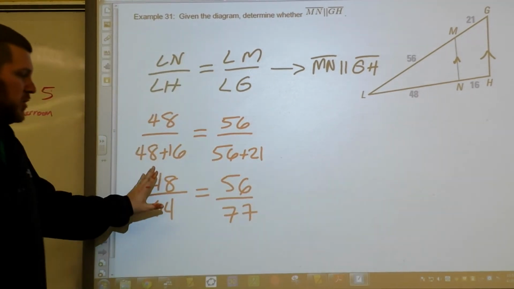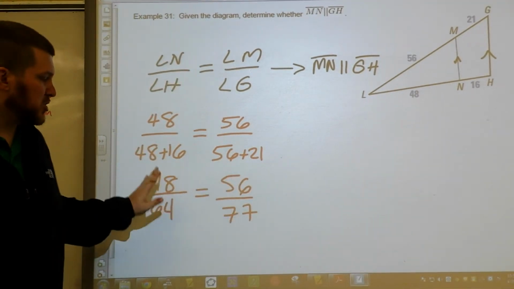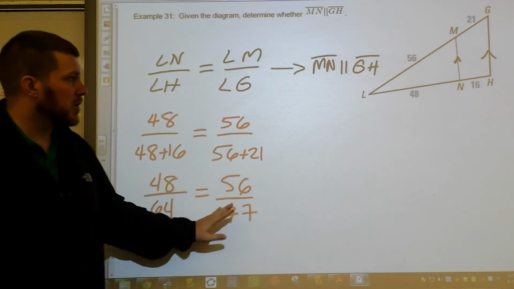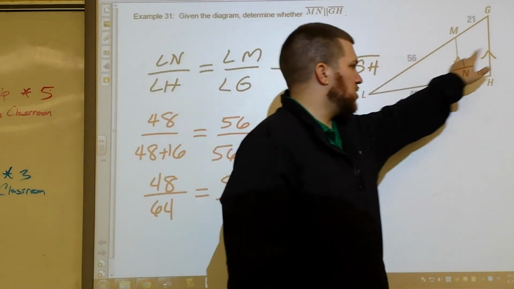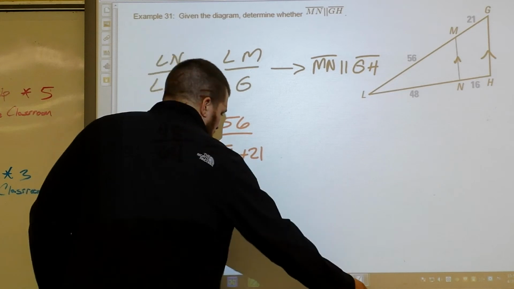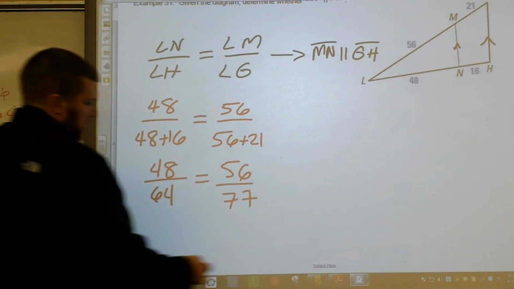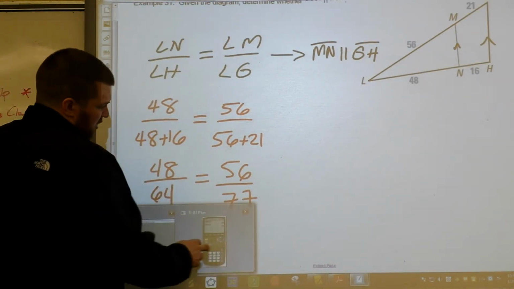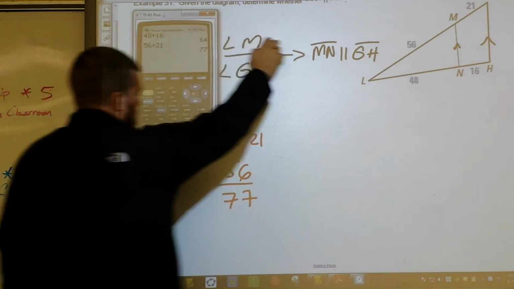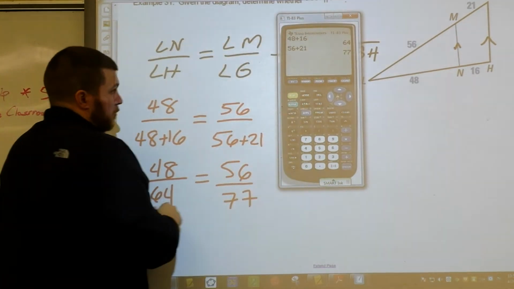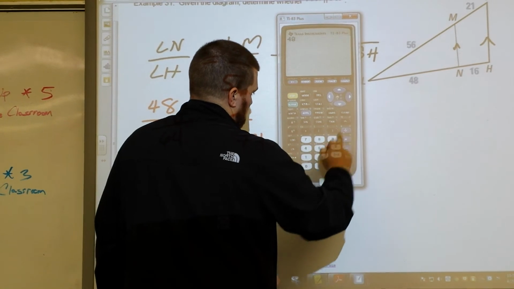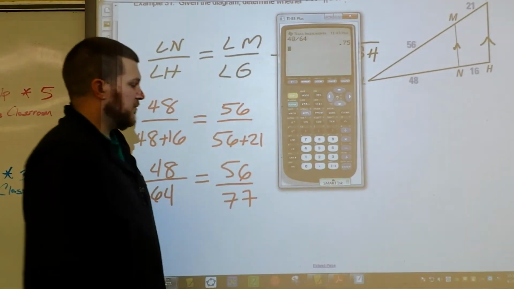Now what I want to do is turn each of these fractions into decimals. If the two decimals are equal, then I know for a fact that these two sides are parallel, because that's what the rule tells us. Proportional sides means you have a side that's parallel. So 48 over 64, I get the decimal 0.75.